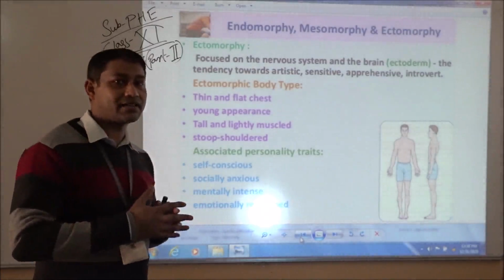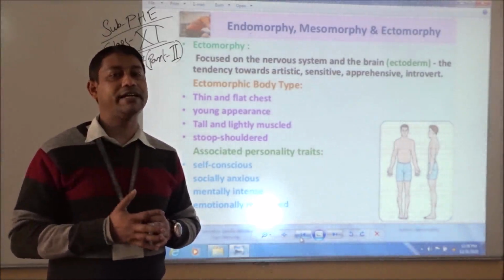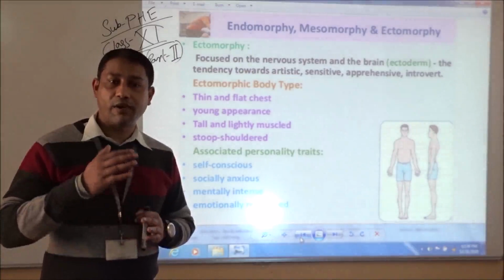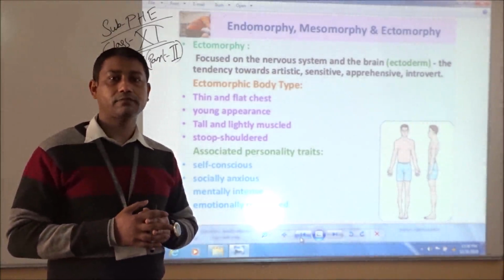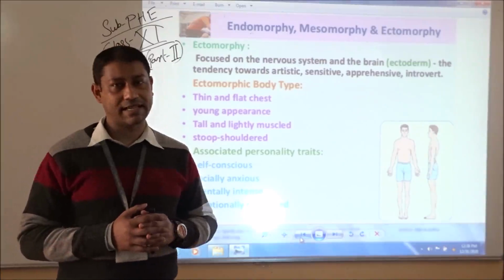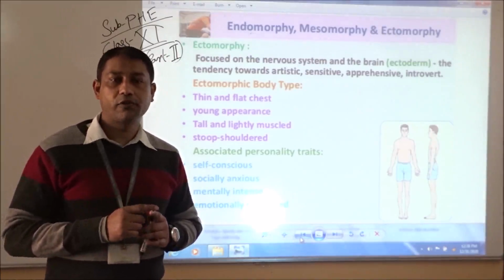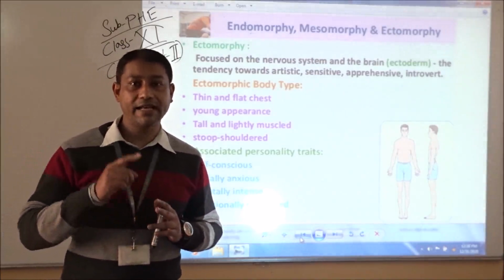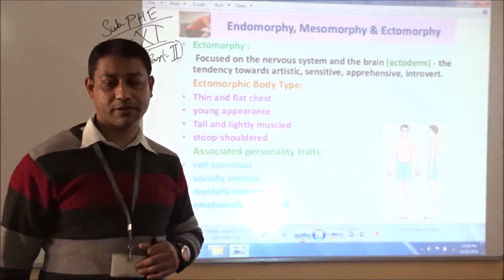So these are the three body types classified by the famous psychologist William Sheldon: endomorph, mesomorph and ectomorph.